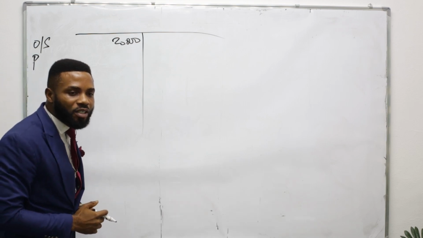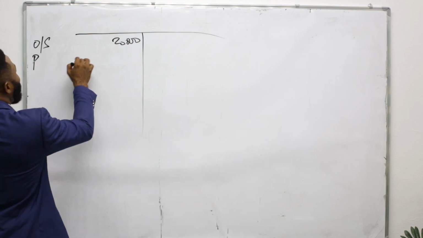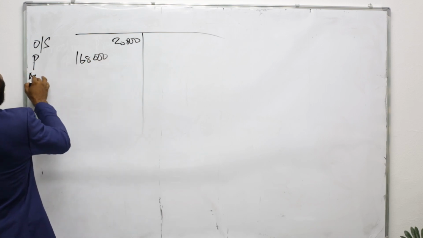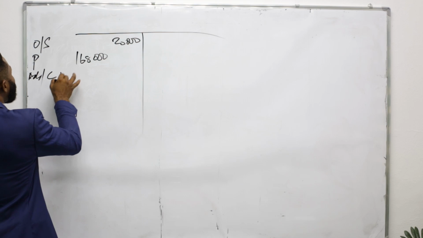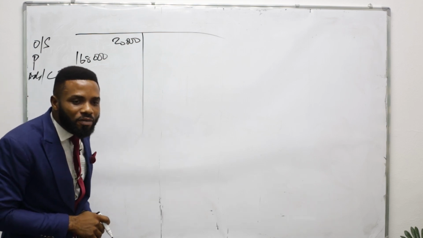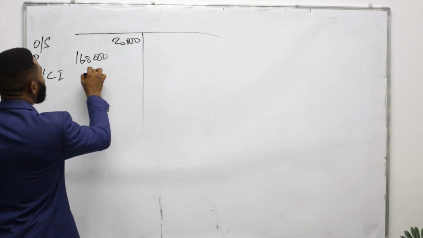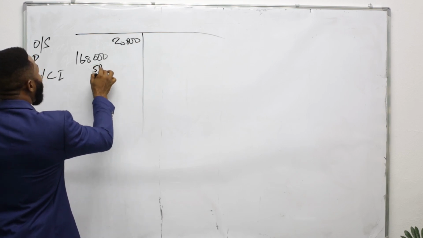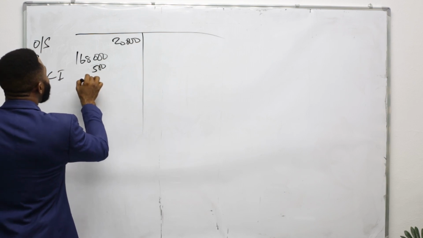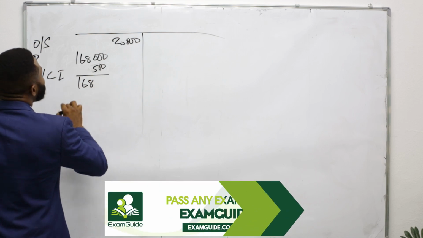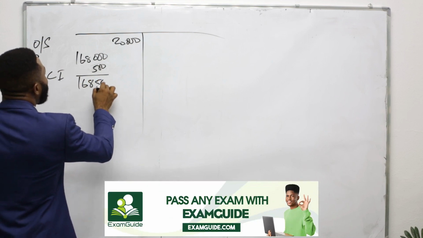So your purchases is 168,000. And then you add your carriage inwards. What is carriage inwards there? Carriage inwards is 500. Write it like you have 500 there. So when you add this, you have 168,500.